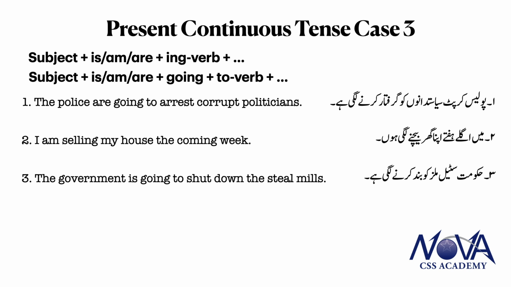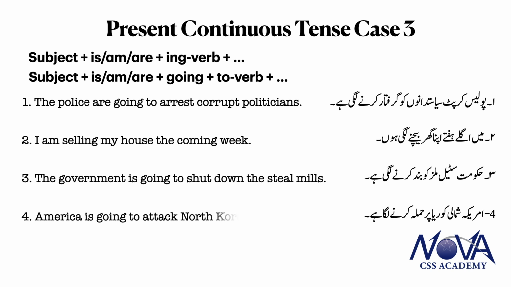One last sentence belonging to this particular case can be अमेरिका शुमाली कोरिया पर हमला करने लगा है. The same case and its translation in English language can be America is going to attack North Korea.